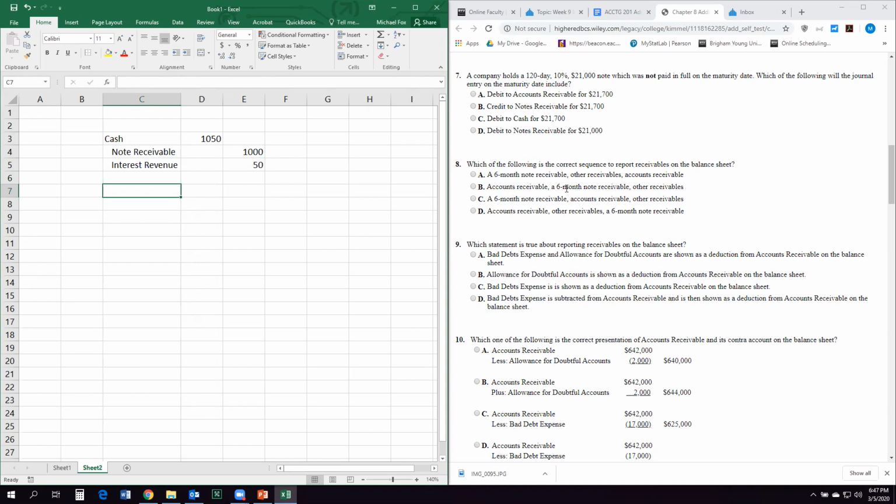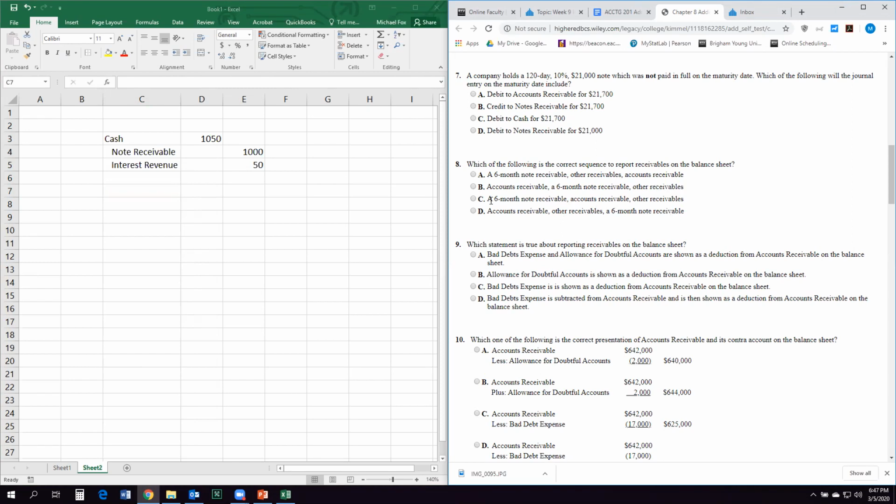And then a term-specific short-term receivable like this is going to be second. And again, I'm not sure I love this question, because if I were you, I'd be like, how the heck would I know? Especially because maybe this other receivable is something super liquid, right?